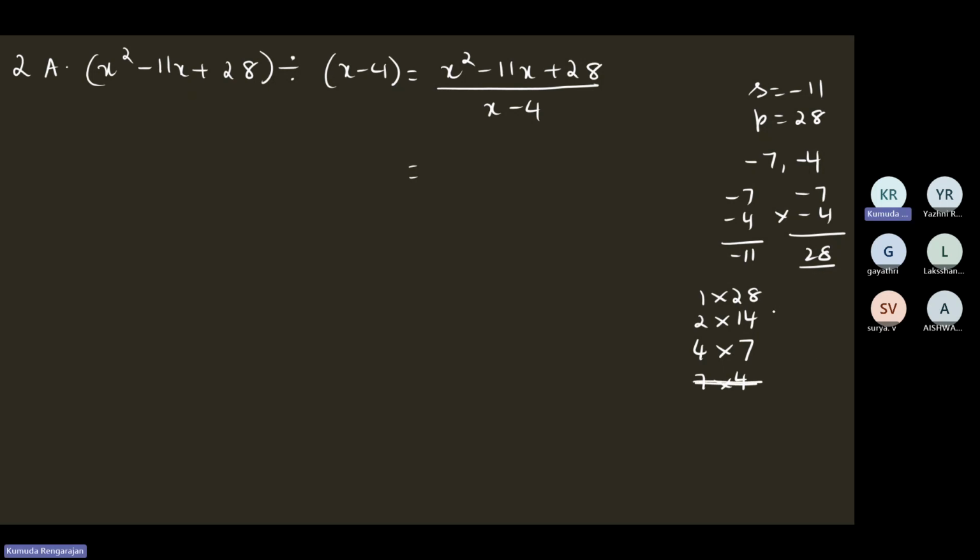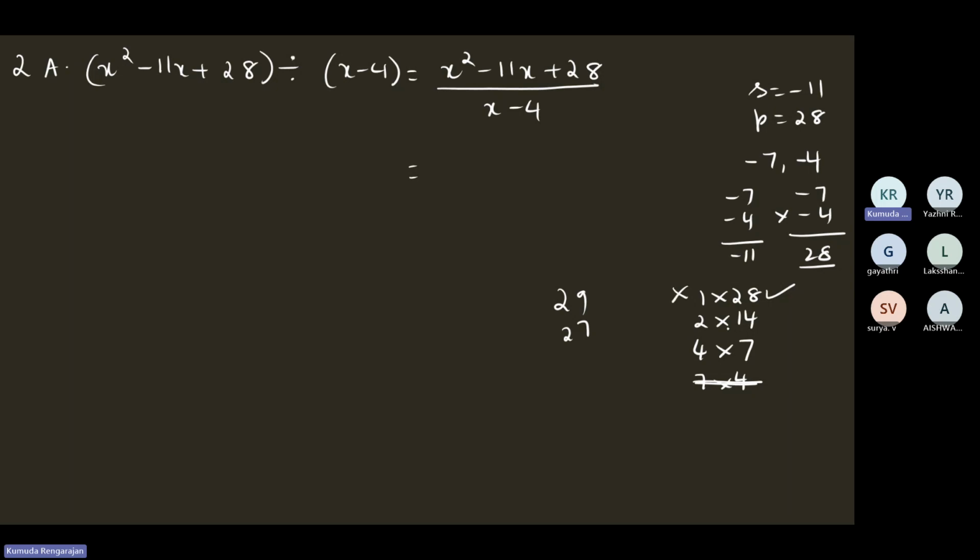So it will be one of these pairs. It can be 1 and 28, 2 and 14, or 4 and 7. You need to fix the signs accordingly. If you take this pair 1 and 28, the sum can be 29 or 27, because if you add, you'll get 29, subtract, you'll get 27. But the sum is minus 11. So not possible.